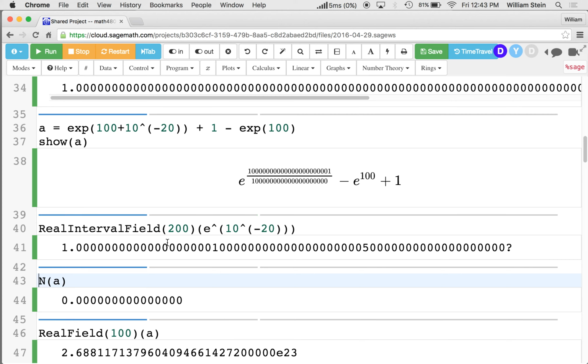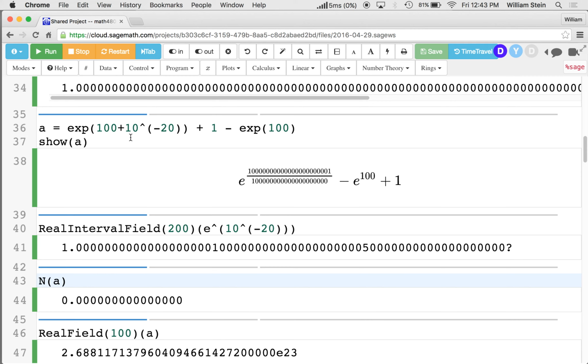The thing is, you're multiplying e to the 100 by that number right there. So it's really close to 1. Is something wrong? Why are we getting 2 times 10 to the 20? It's because I was exaggerating a little bit. E to the power of 100 times a number that's very close to 1 is very close to e to the 100. But it's not really that close to e to the 100.